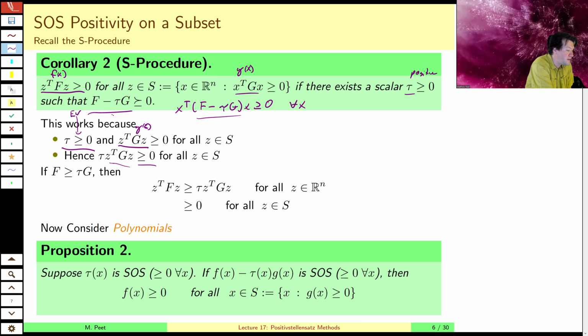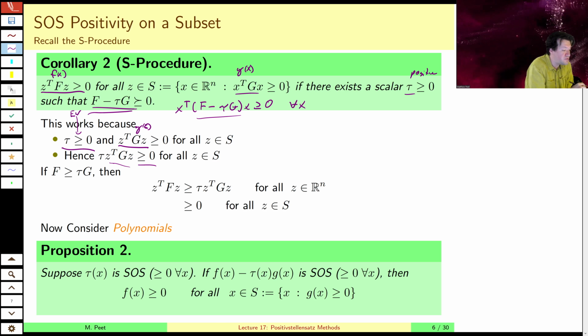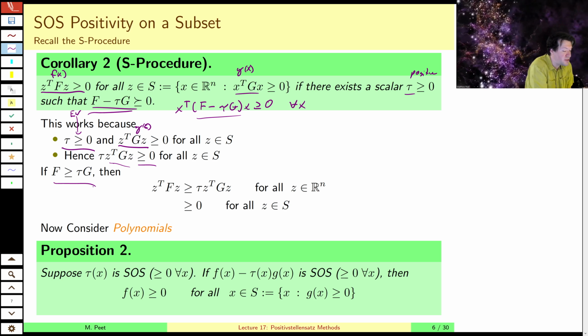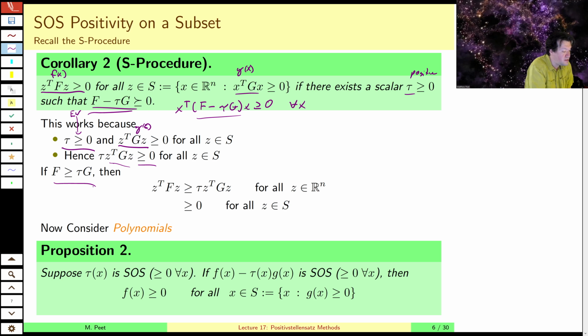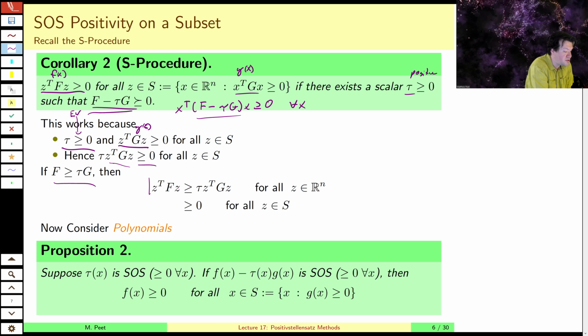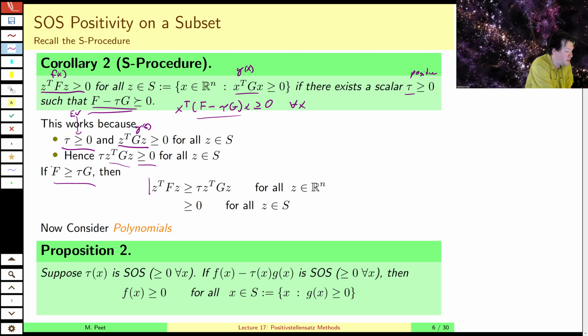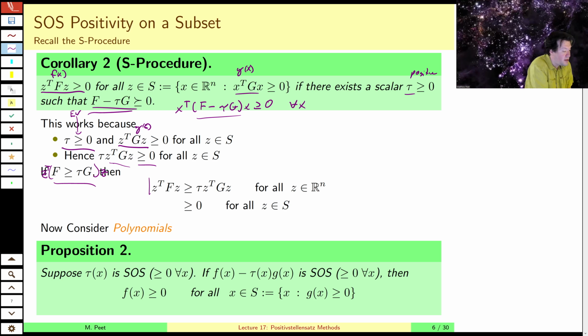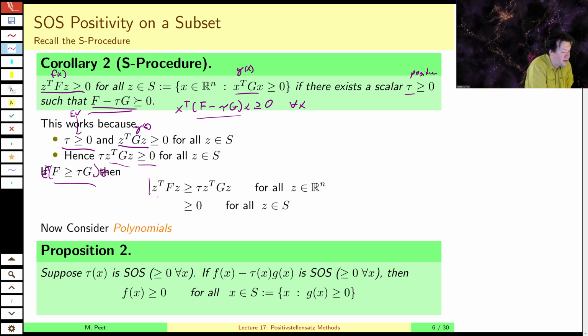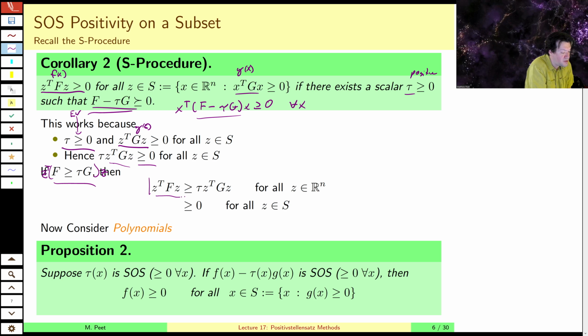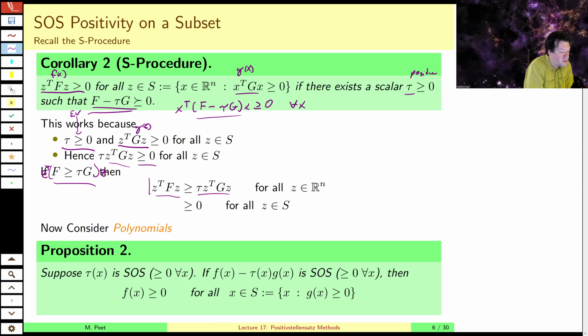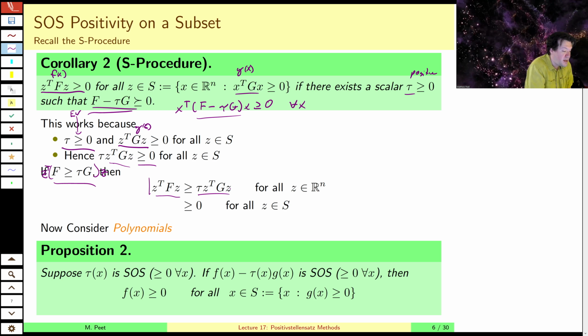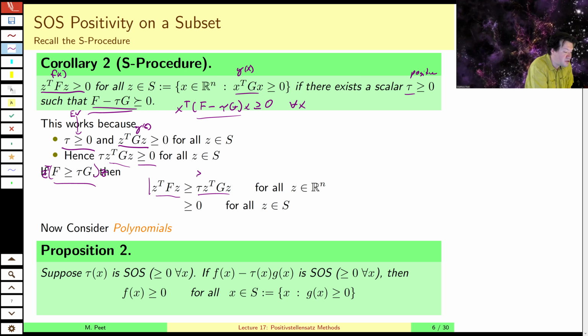So if the inequality is satisfied, and this is sufficiency here, then you multiply both sides by z transpose z, and then on the left we have z transpose f of z, and on the right tau z transpose G z, and our inference is that tau is greater than or equal to 0.